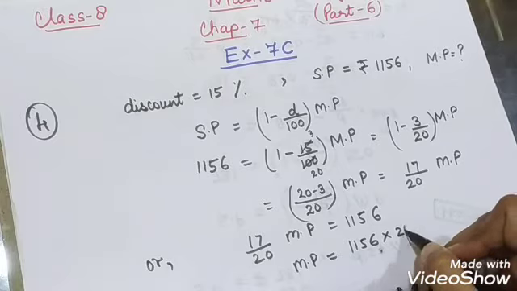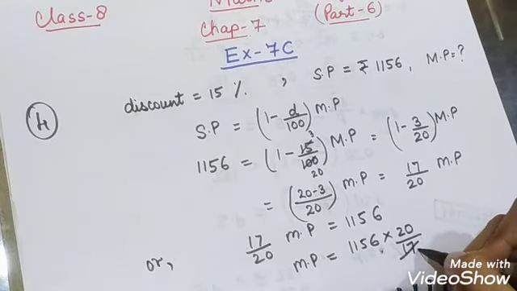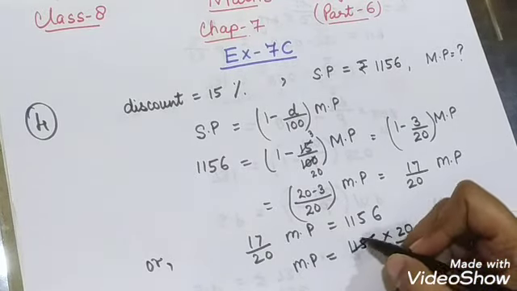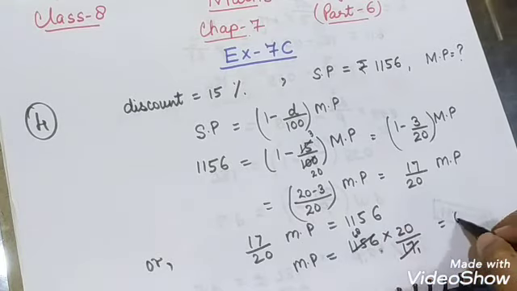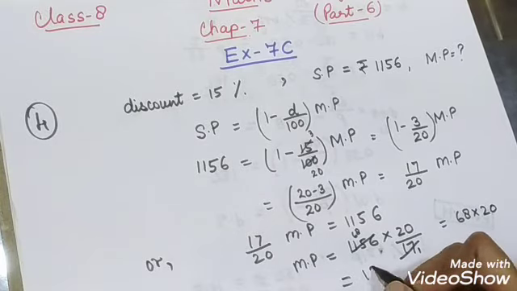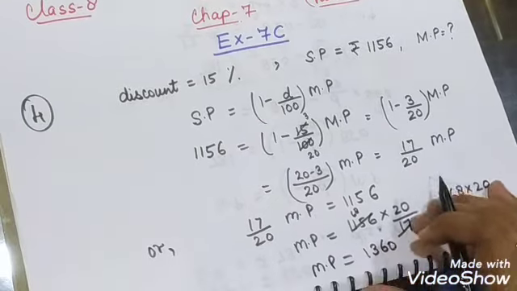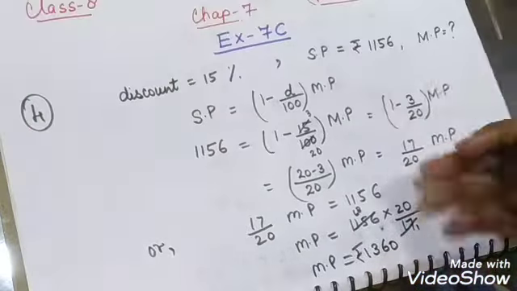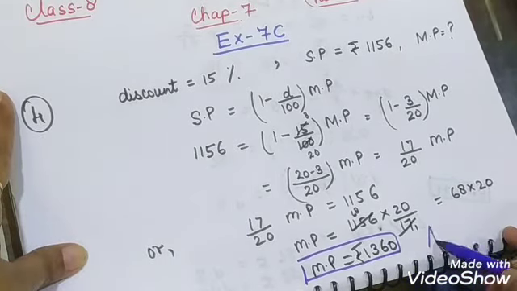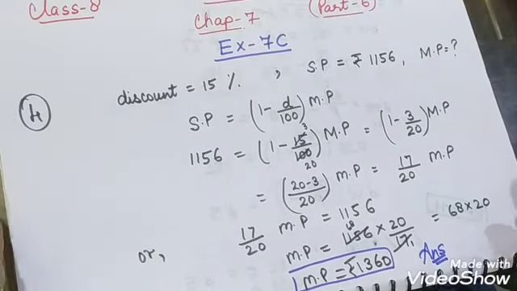It will be 20 upon 17. Now it cancels with the table of 17. Cancel it. You will get 17 ones are 17 and 17 fours are 68. So 68 into 20, which on multiplication will give you 1360. So marked price is rupees 1360, and that is the answer of this question.